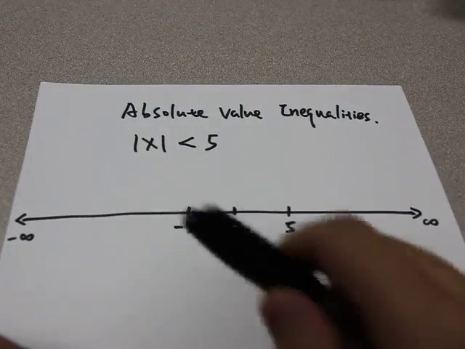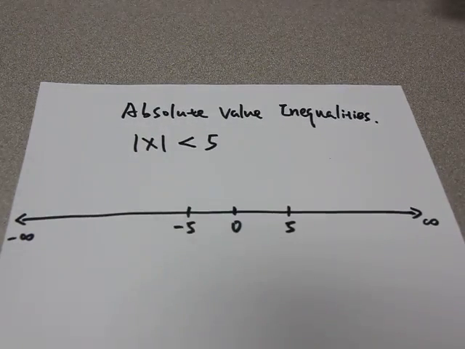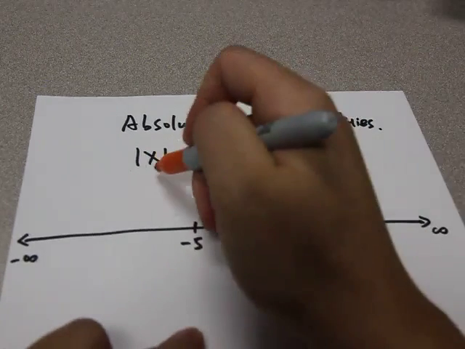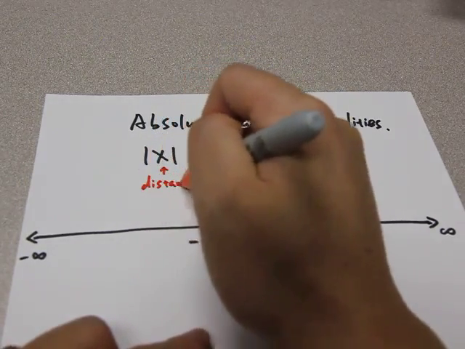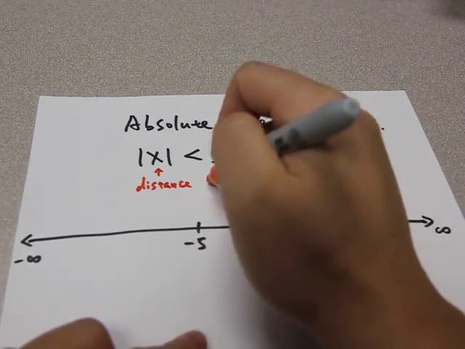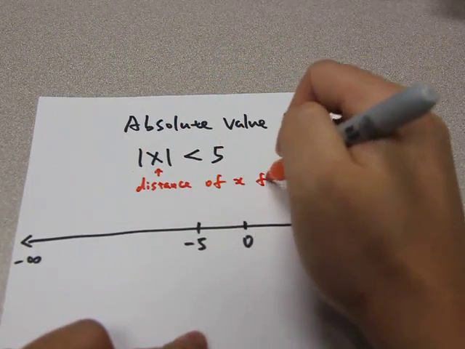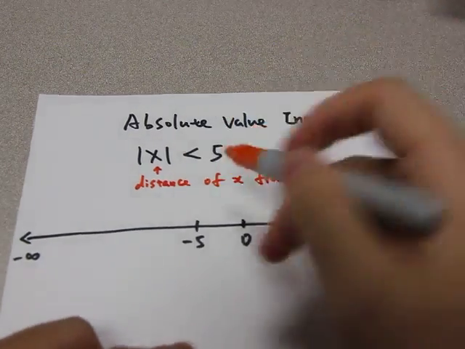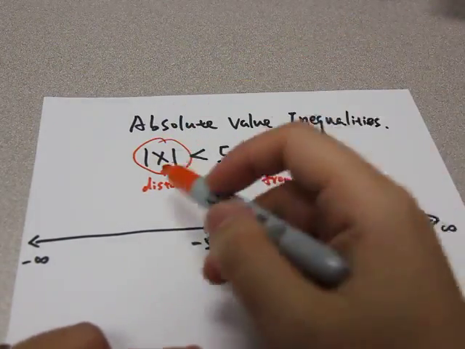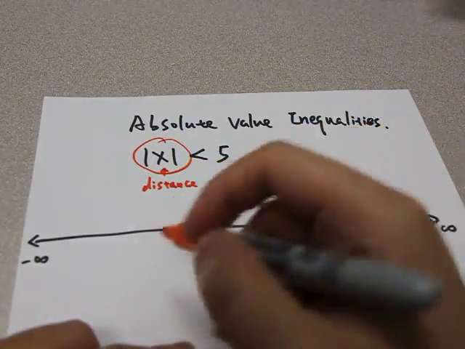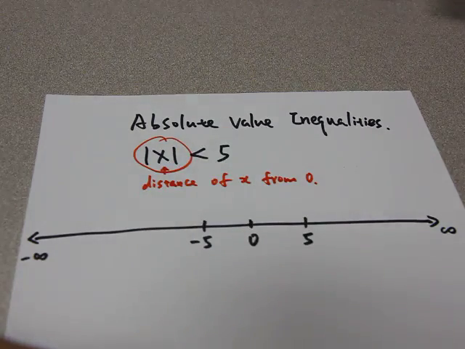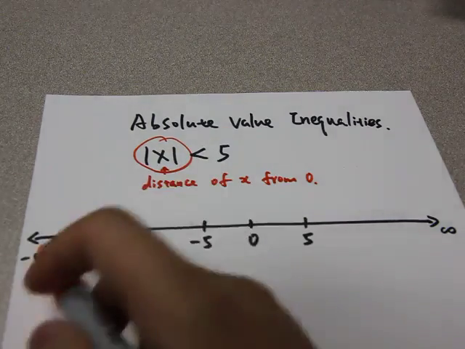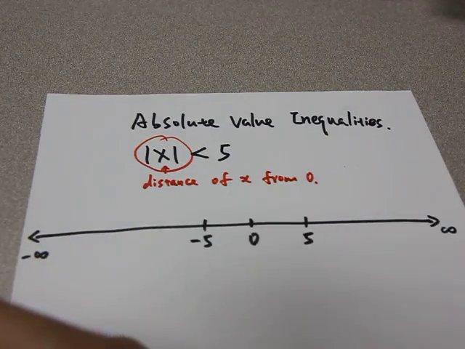of the absolute value, because we know the geometric interpretation of the absolute value of x is the distance of x from 0. Again, the absolute value gives us the distance from this number to 0. Now if this distance is less than 5, think about where x could be on this number line.